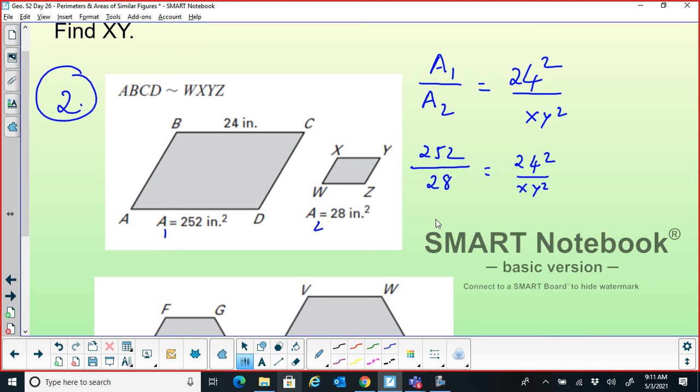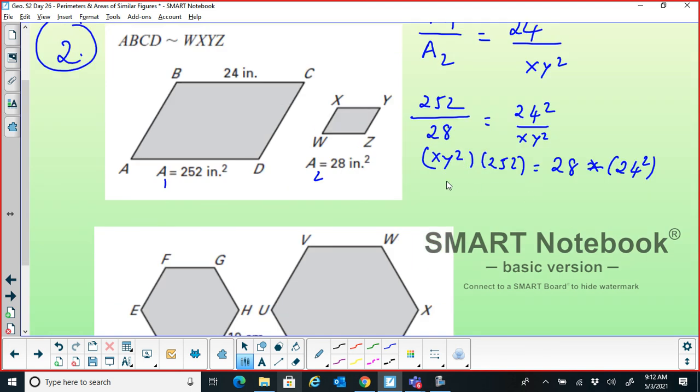Cross multiply further, and you'll have xy square times 252 equals 28 times 24 square. You are finding xy, so first divide by 252.